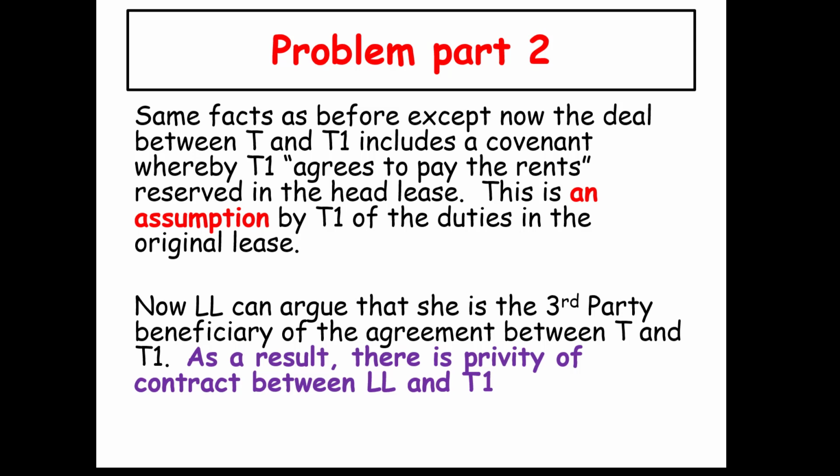If T1 agrees to assume that obligation, now the landlord can argue that this deal between T and T1, even though it's a sublease, is at least in part for the benefit of the landlord to make sure that the rent is paid to the landlord.